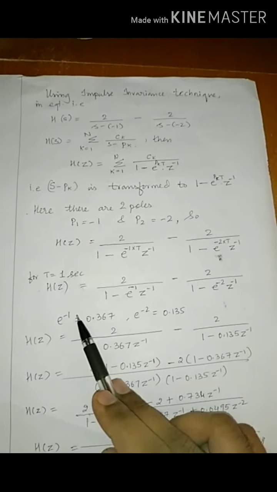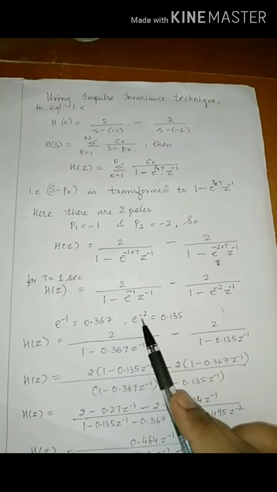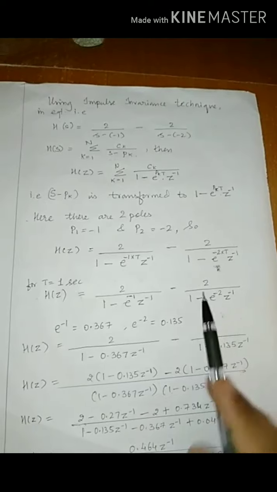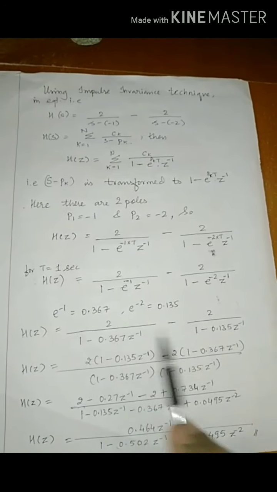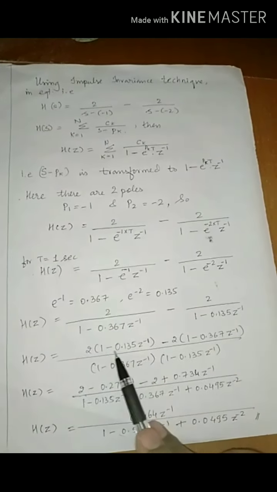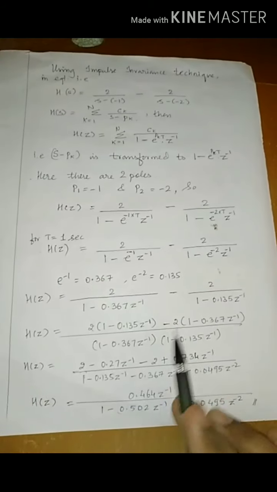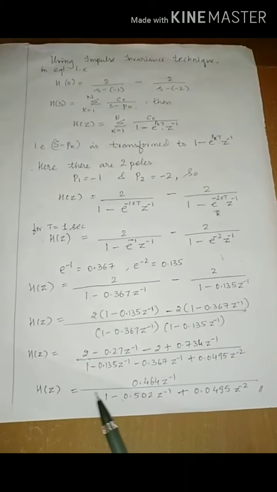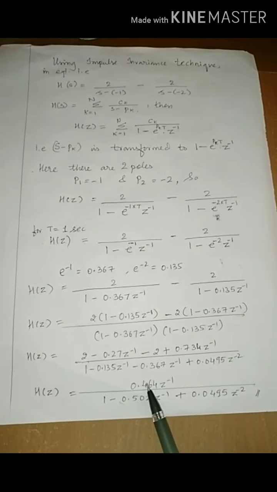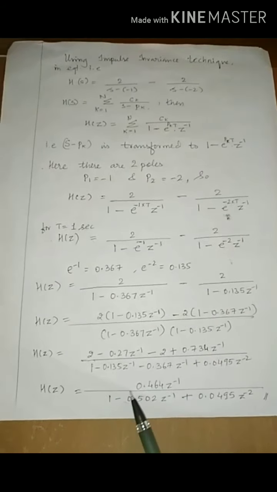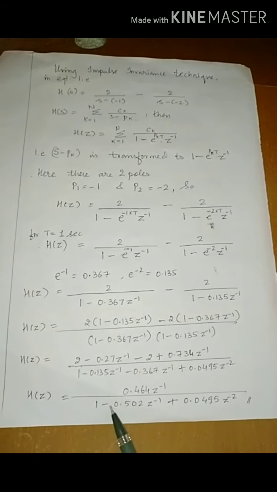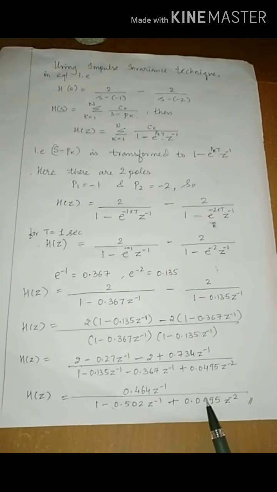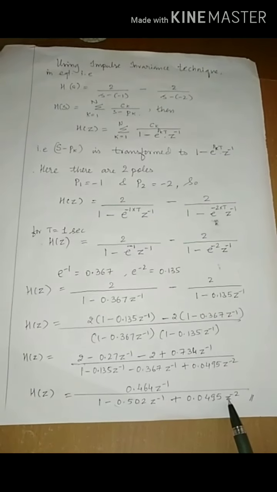Here the value of e raised to minus 1 is 0.367, and the value of e raised to minus 2 is 0.135. Substitute these values here. We get this. Cross multiply the numerator and the denominator, and the last expression you get is H of Z is equal to 0.464 Z raised to minus 1 divided by 1 minus 0.502 Z raised to minus 1 plus 0.0495 Z raised to minus 2.